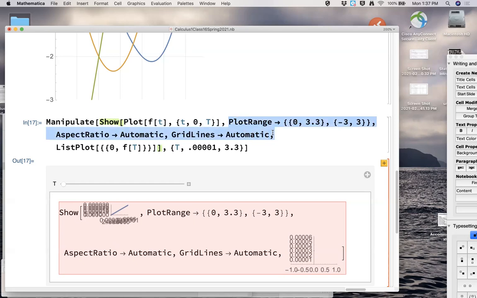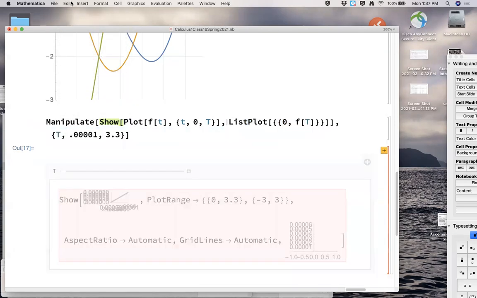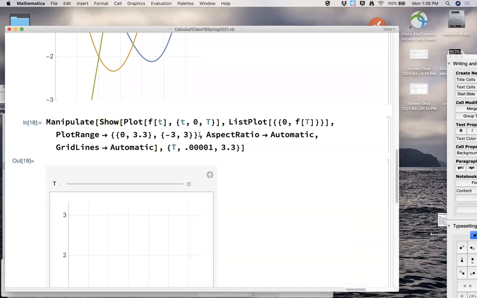Let me highlight this whole thing here and do a Command X. Or save it first if you're afraid that doing a Command X will delete it. The Command X will delete it, but it is stored, and I can now paste it over here. I think this will work. Yeah, it does.